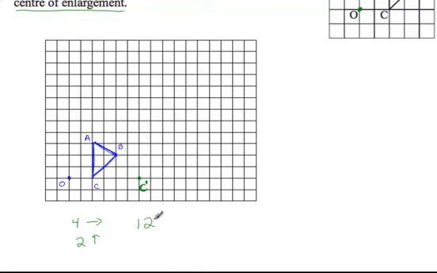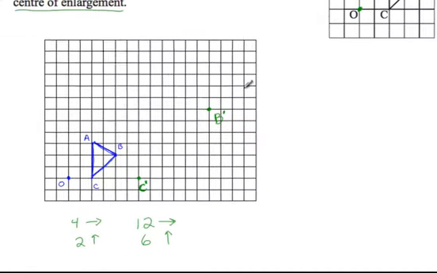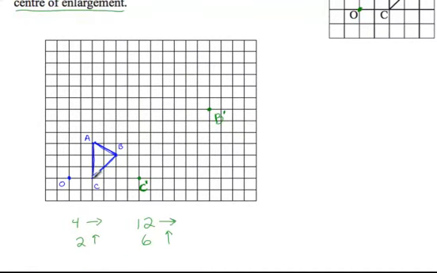We want to move over 12 from O in this direction. And 2 times 3 gives us 6, and we want to move up 6 from O. So starting at O, we go over 12, 2, 4, 6, 8, 10, 12. And then we're going to move up 6, 2, 4, 6. So right here, we have our new B, and we write that down as B prime.